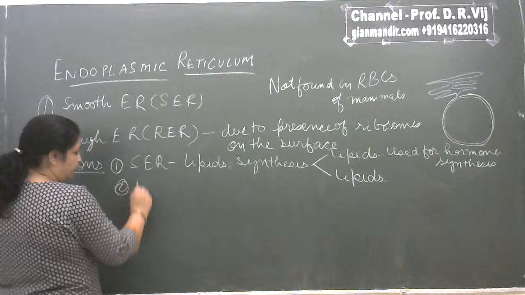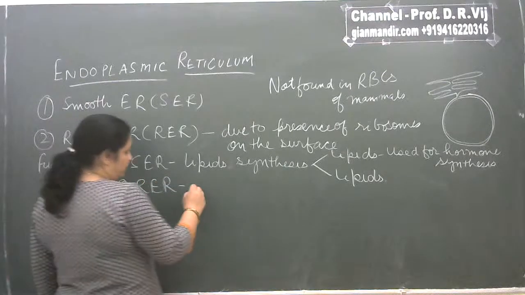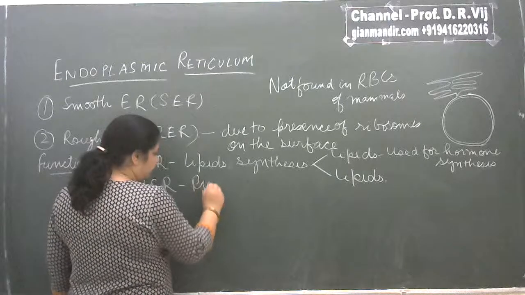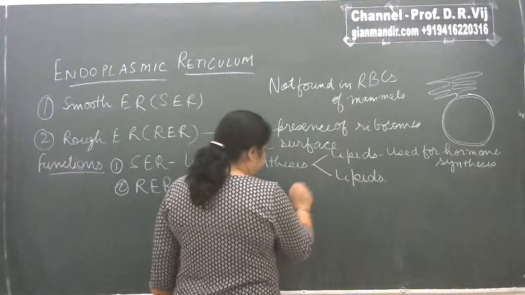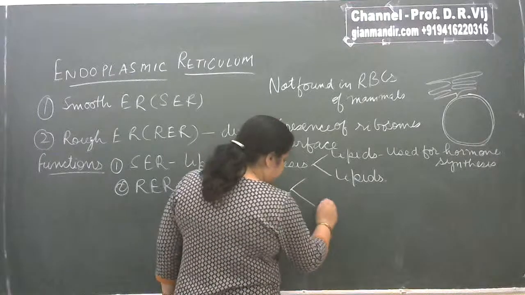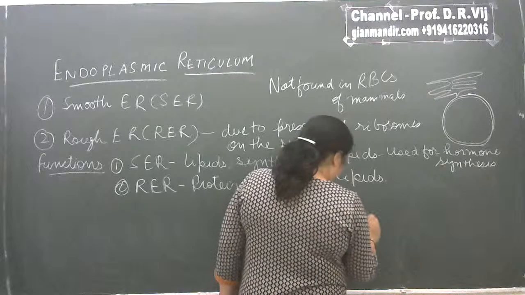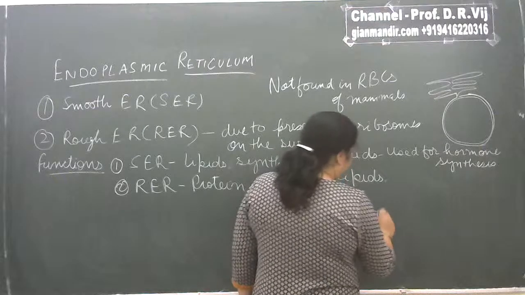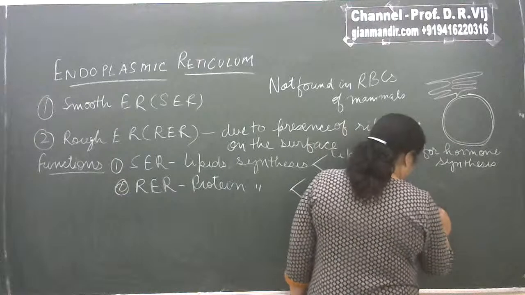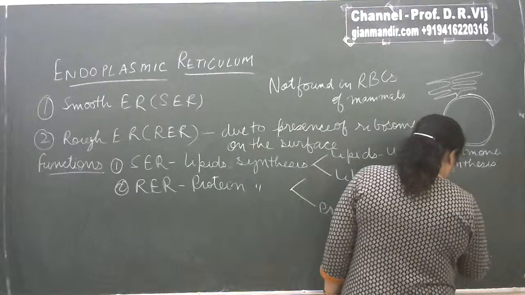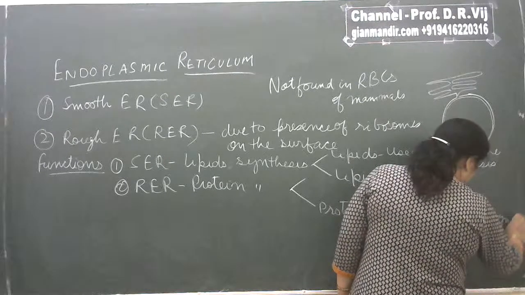And if you talk about rough endoplasmic reticulum, the function of rough endoplasmic reticulum is protein synthesis. And some of the proteins synthesized by the rough endoplasmic reticulum are used for enzyme synthesis.